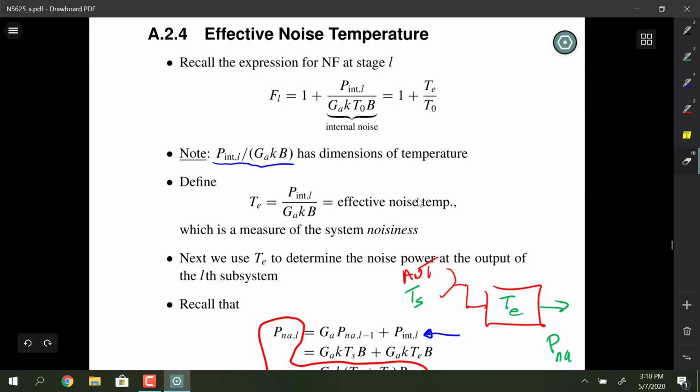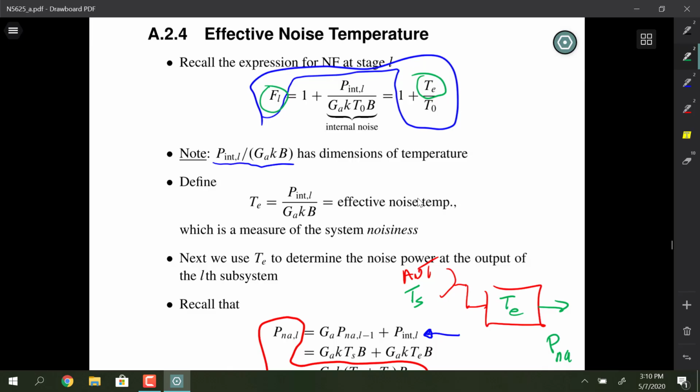But the important thing about this effective noise temperature relationship is this tells us how to convert between noise temperature of a subsystem and noise figure. And we go back and forth between that and some of the calculations. And of course, this is always, unless said otherwise, going to be 290 degrees Kelvin. So that's just a conversion parameter.